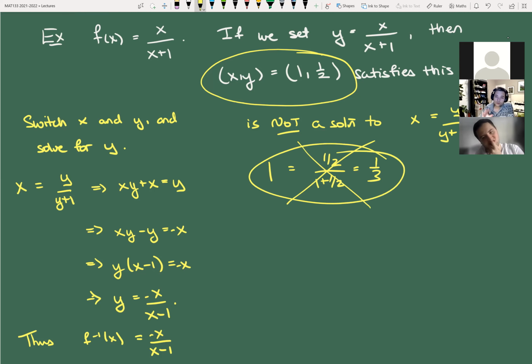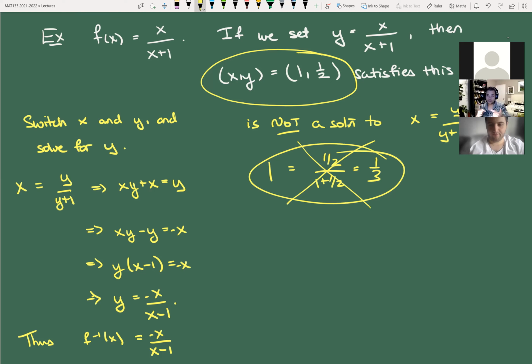So what happens is when you switch x and y, you're changing the meaning of x and y. That's why I think this is generally a bad way of doing this. You're saying, I'm always imagining that x is the input variable and y is the output variable.